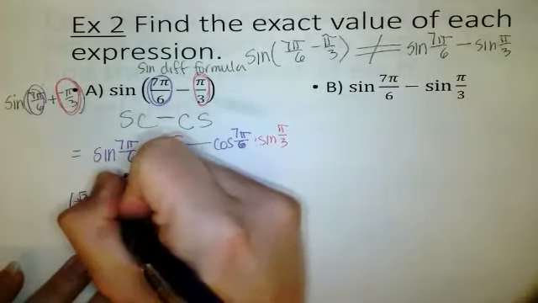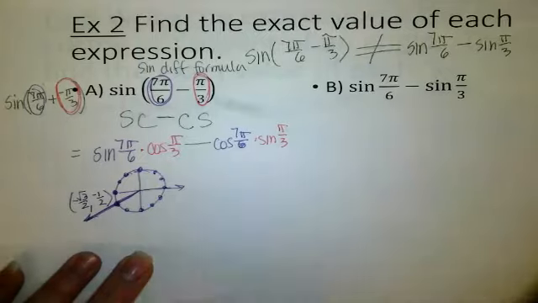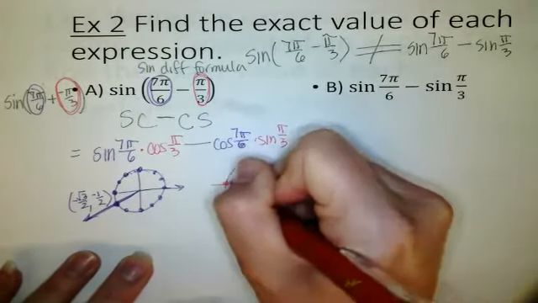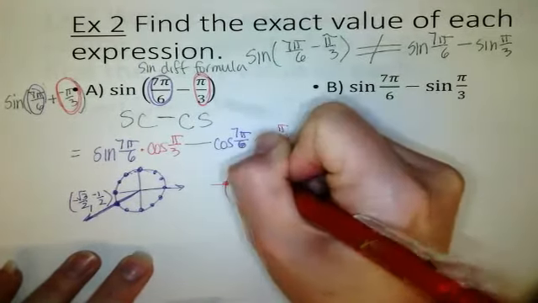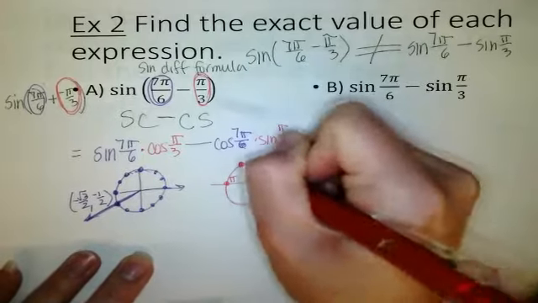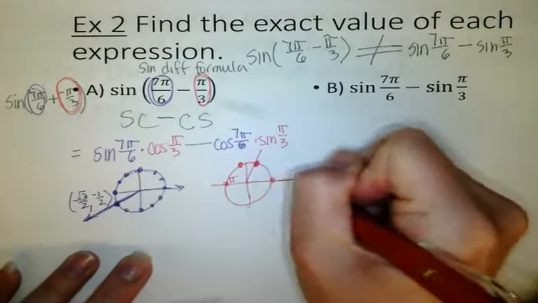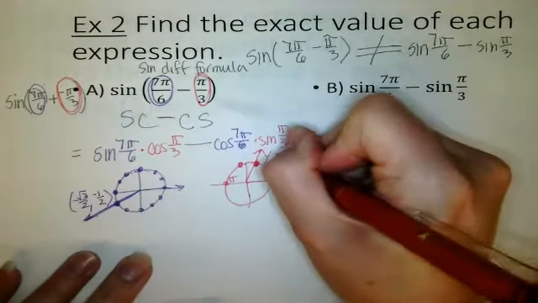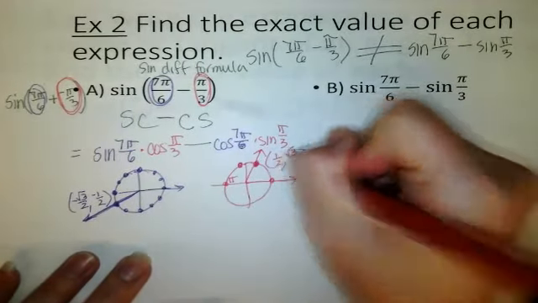Negative radical 3 over 2, negative 1/2. Very good. In red, my pi over 3 angle is taking pi and dividing it into 3 large wedges. And pi over 3 is one of those. What ordered pair is pi over 3? 1/2 and radical 3 over 2.